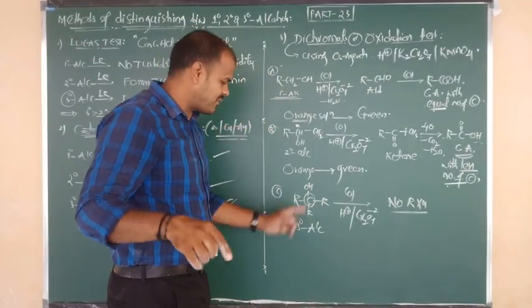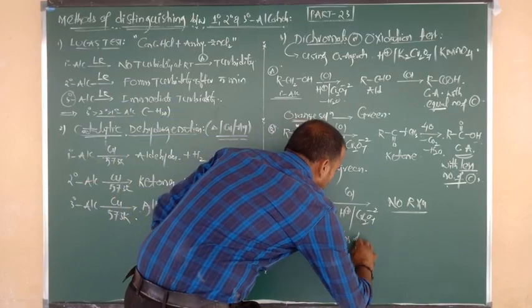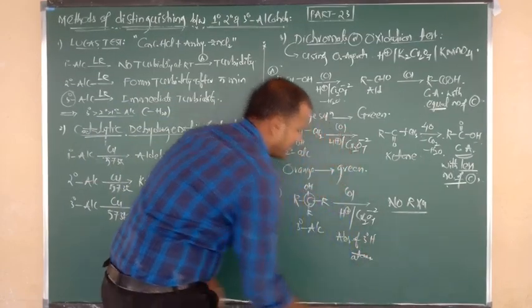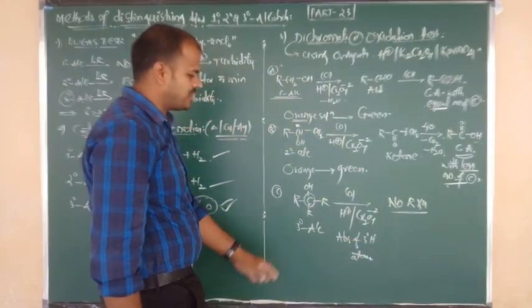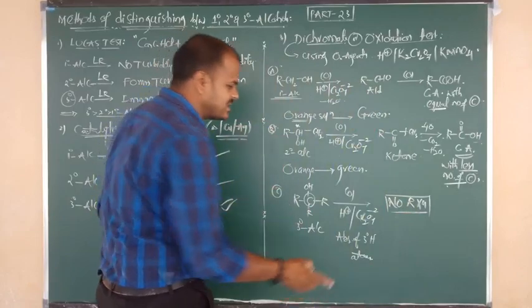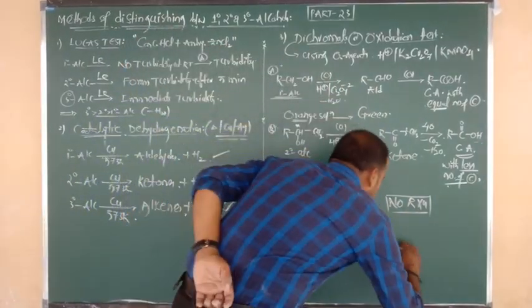So due to the absence of a tertiary hydrogen atom, tertiary alcohols do not undergo oxidation. That means the orange color of potassium dichromate remains as it is.